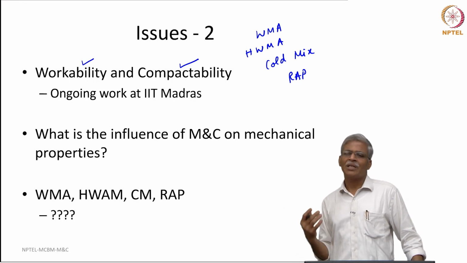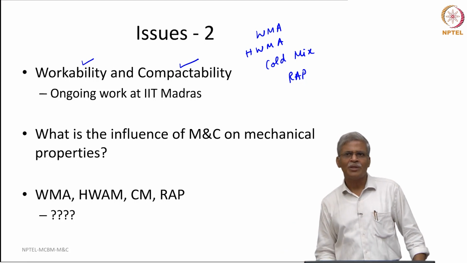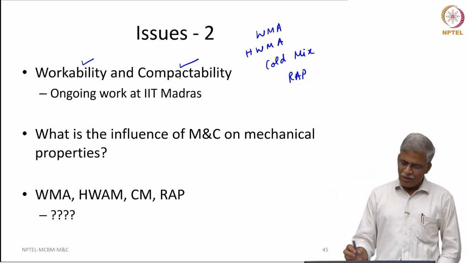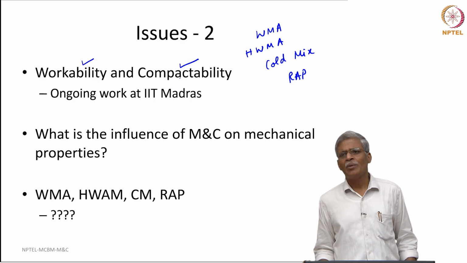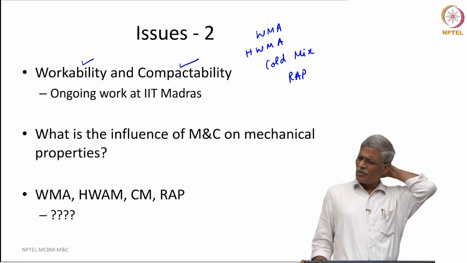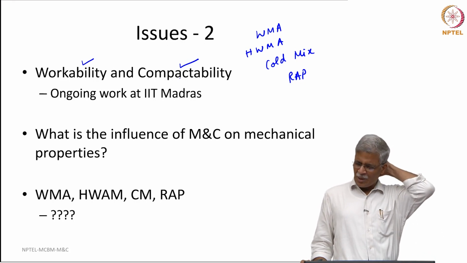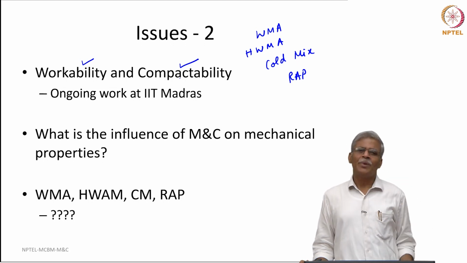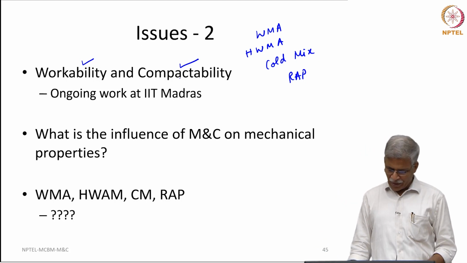Whether some of the mix is compactable or not is something that we need to really understand. So, it has something to do with workability and compactability, and in fact, in some of the IRC documents related to warm mix asphalt, a few empirical measures have already been prescribed. Okay, you may want to find it out.